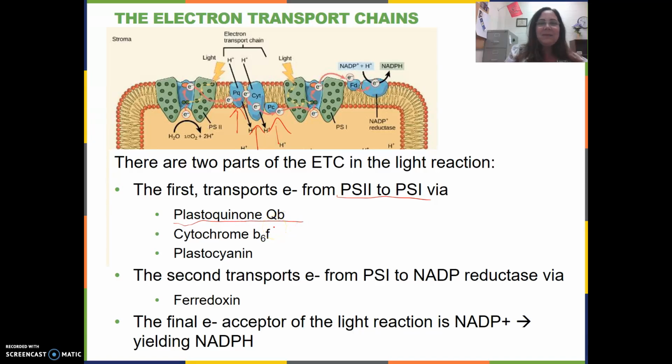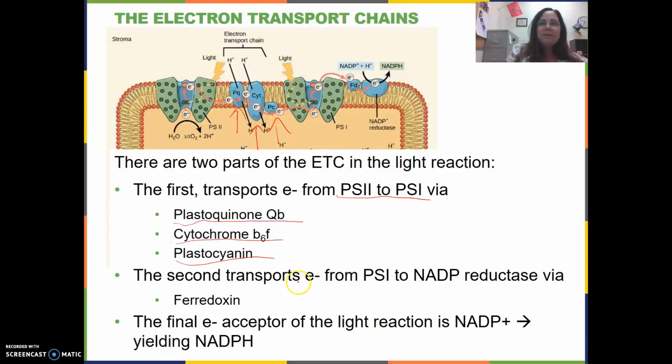Plastoquinone, which is written as QB, cytochrome B6F, plastocyanin, which is written as PC. So these are the ones that I pointed to in the notes. These are the protein electron carriers that transport the electron, providing the energy to pump hydrogen into the thylakoid.